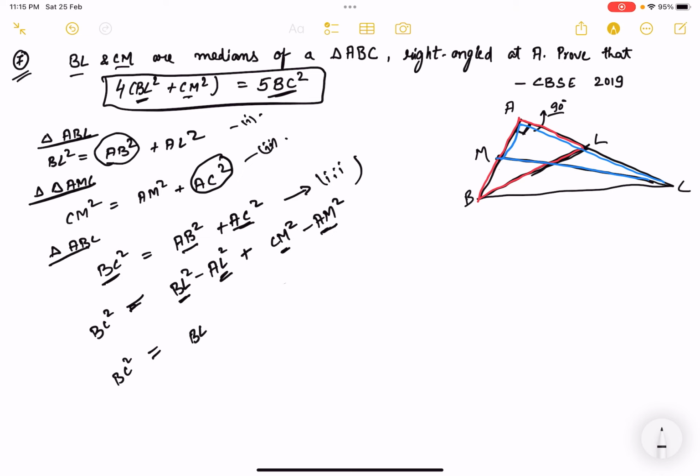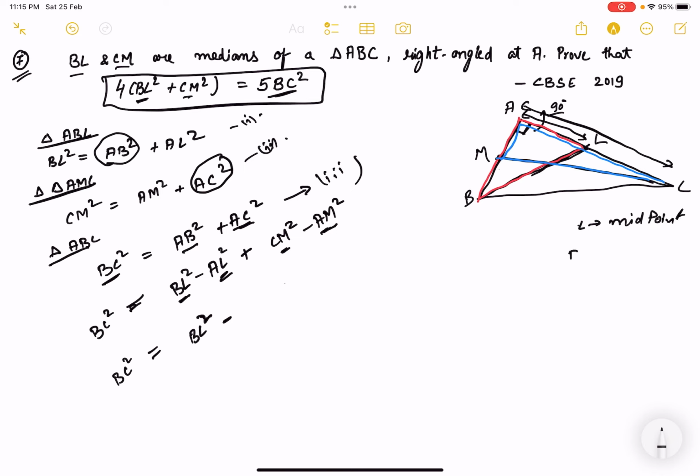So we'll write BL square minus AL square. What is AL? This is AL. So AL we can write as AC by 2 whole square, because L is the midpoint.